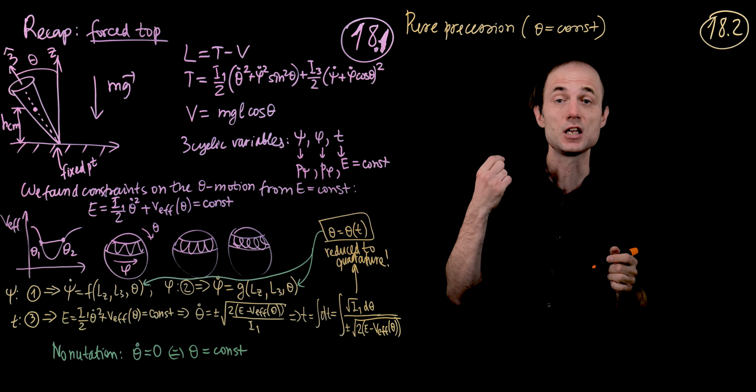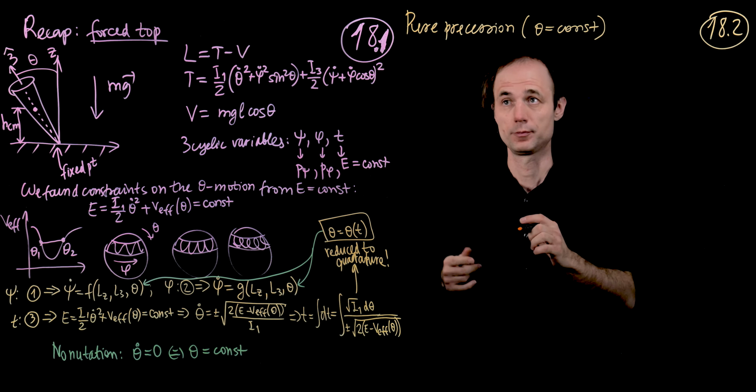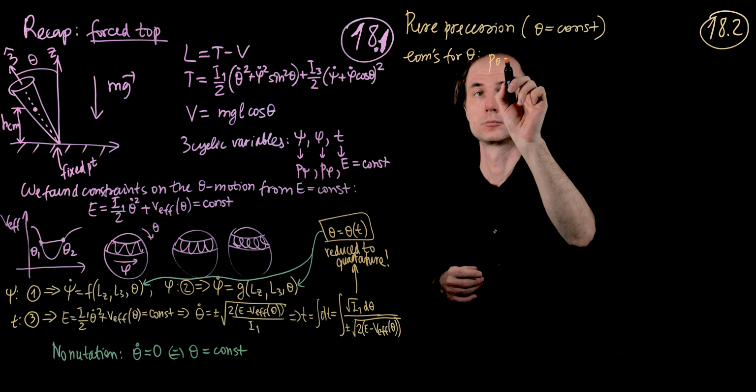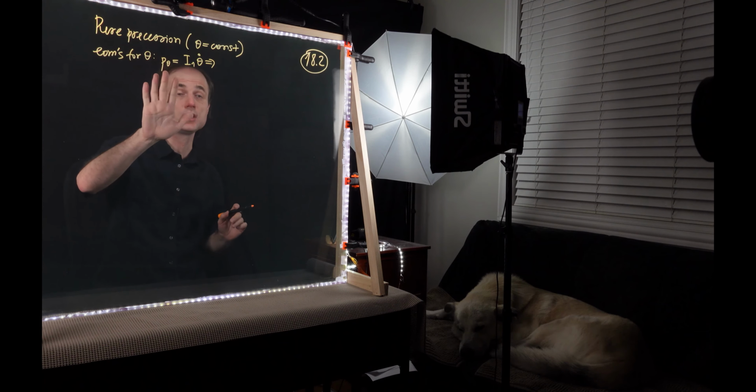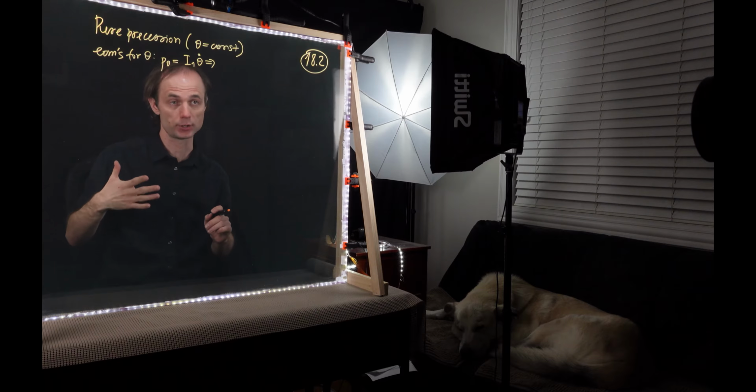Let us write down the equations of motion for theta, for nutation. So the momentum conjugate to theta is given by I_1 times theta dot.